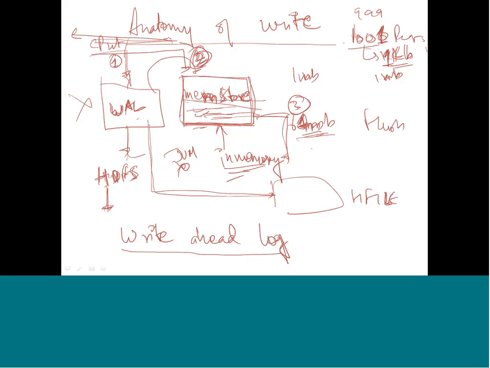But let us say the JVM never crashed, and your memstore filled up to this level. It filled it up, and you did write it down into an H file. What should you do with all the entries in the write-ahead log file?